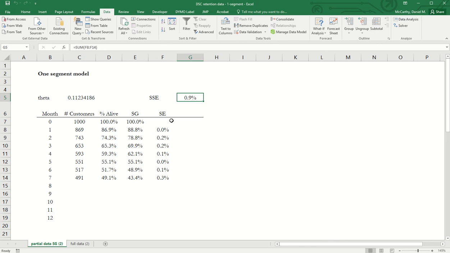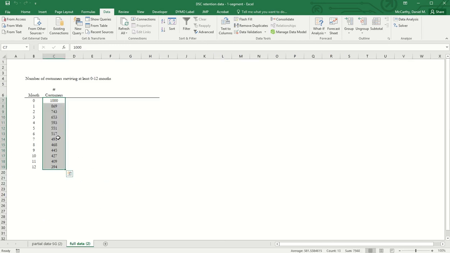and there we go. This is basically saying that when the per-period probability of churn is 11.2%, the sum of the squared error is 0.9%. That seems pretty small. So the next question is, how well does that actually fit the data in the holdout period and in sample?